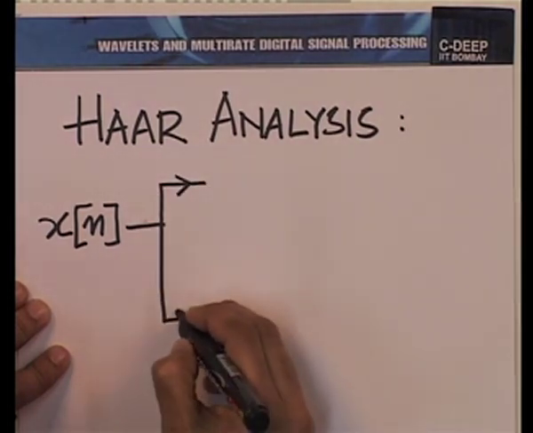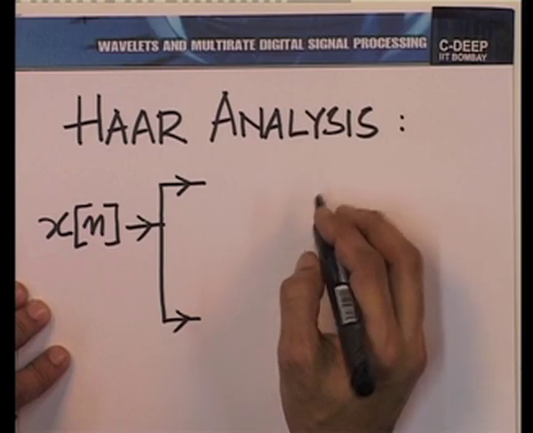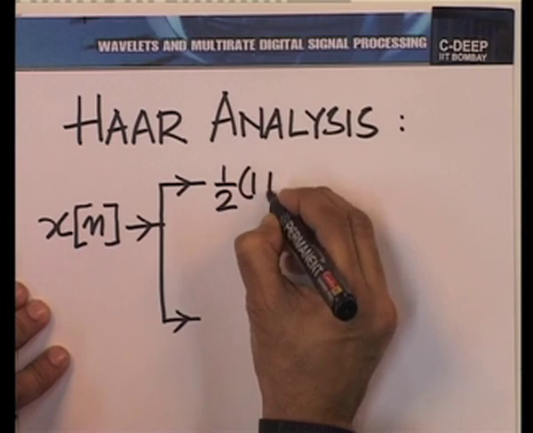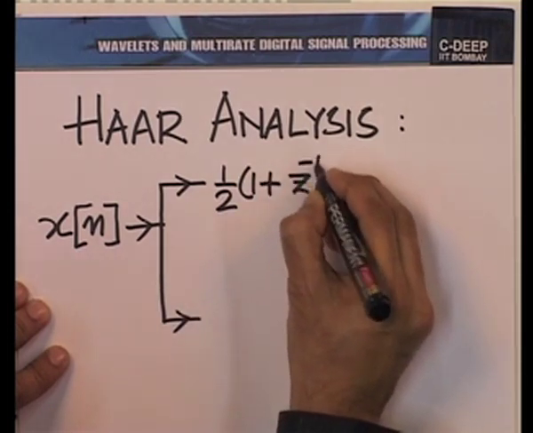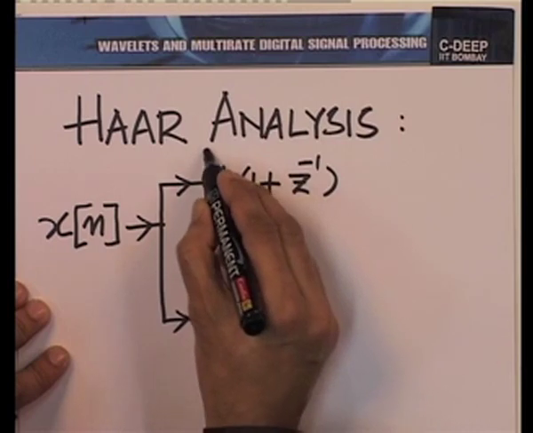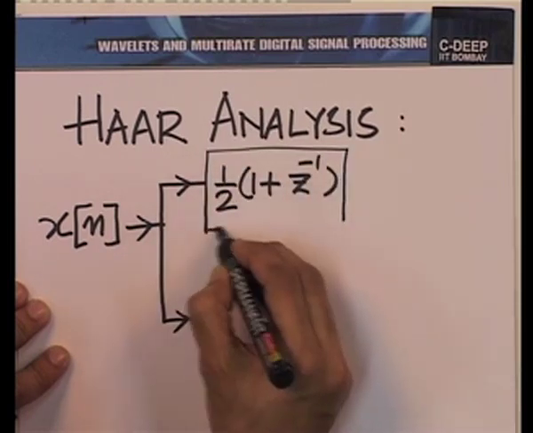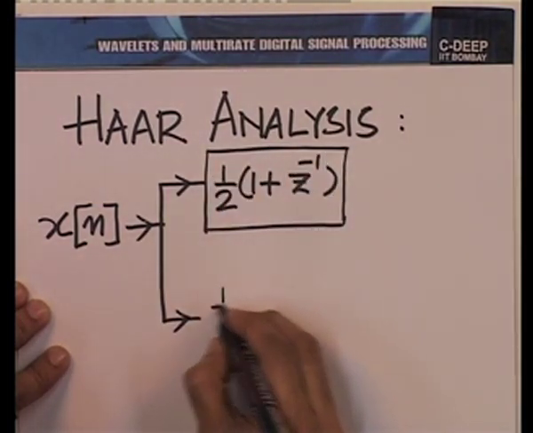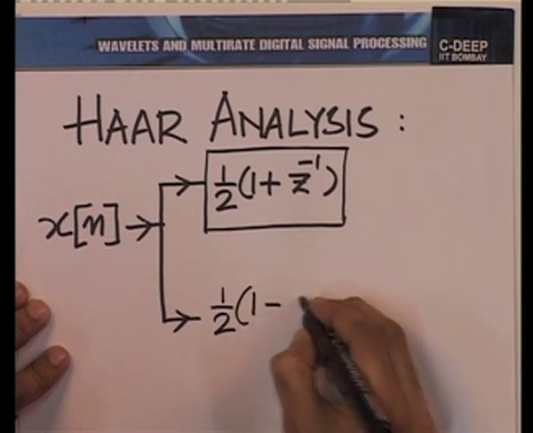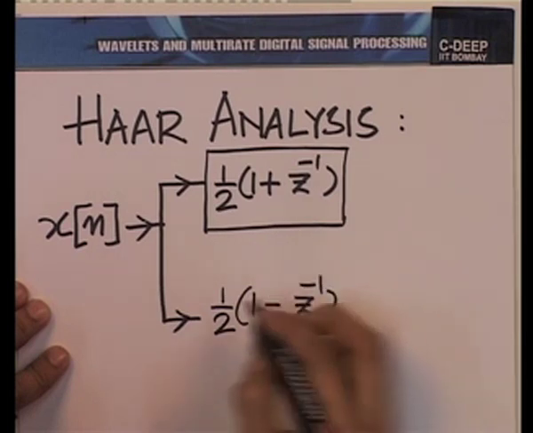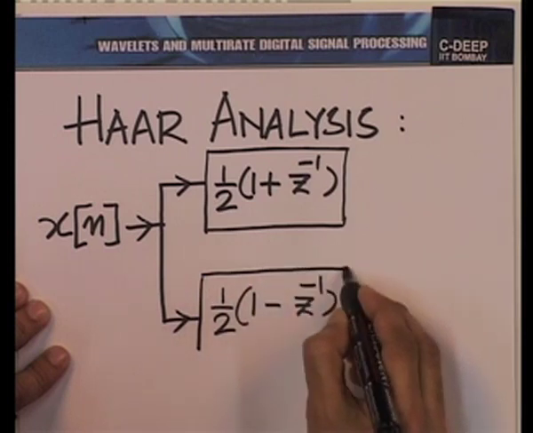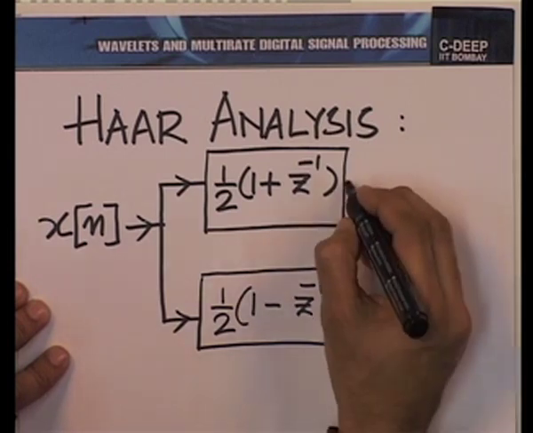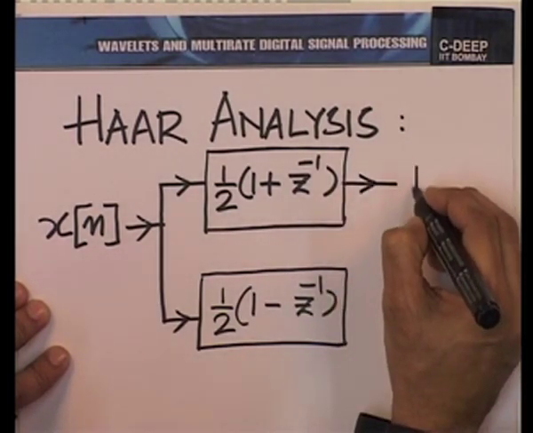Essentially, it was subjected to the action of two filters, a filter of the form half 1 plus Z inverse, another one of the form half 1 minus Z inverse, followed by a downsampling by 2.